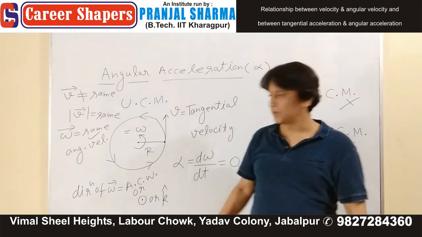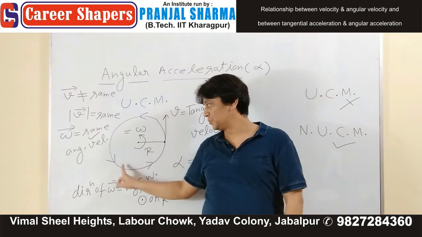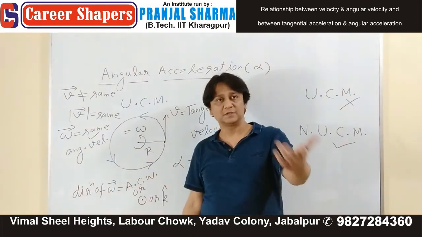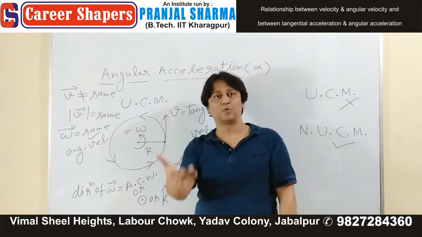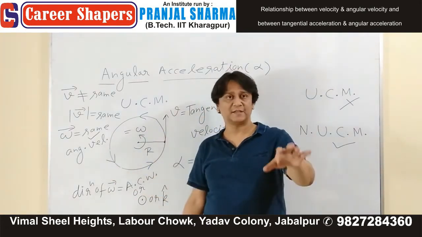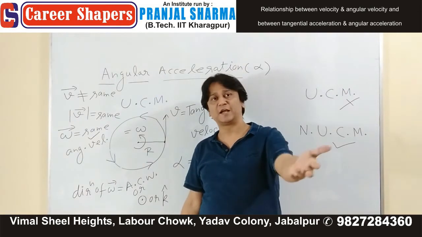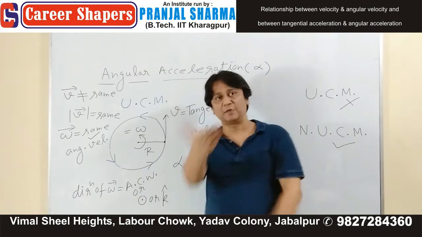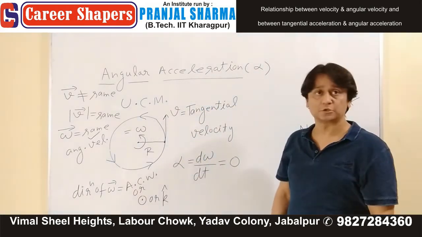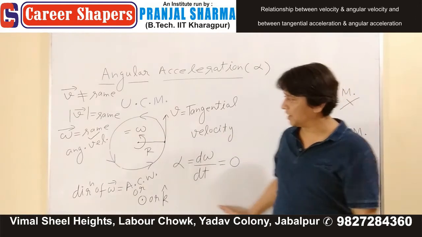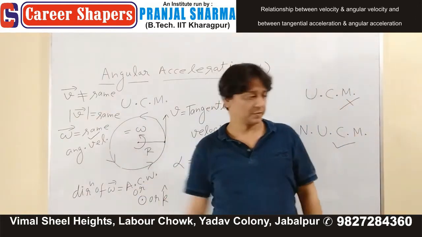If you ask him to move from this position to this position, same angle 30 degree, then since his speed is same, he will take what? Same time. So anywhere you go, if you are covering same angle, time taken will also be same. Same angle in same time, that means your magnitude of omega is also same, which tells us that omega is same.